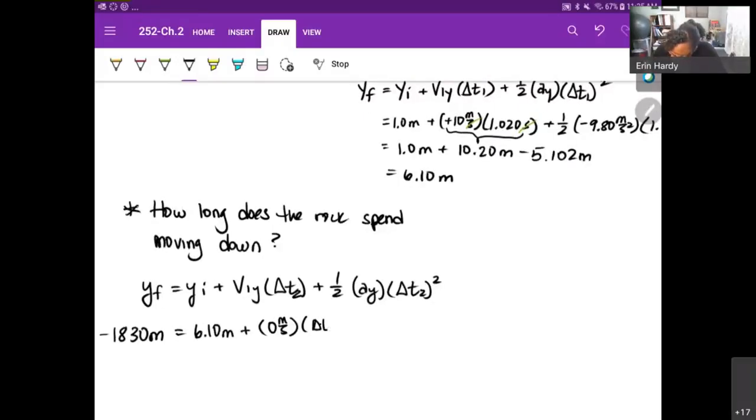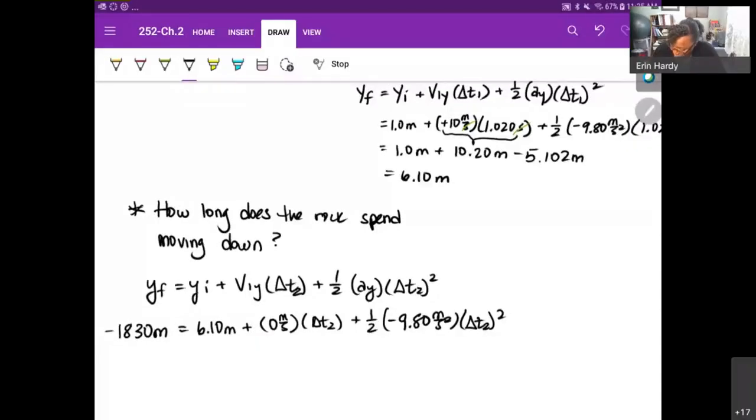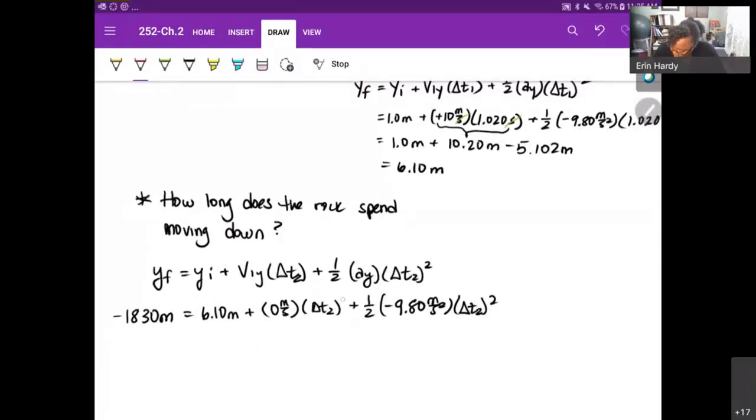There's a delta t2 here that's ultimately going to cancel out. And I have 1/2 ay, still negative 9.80 meters per second squared, times delta t2 squared. So this middle term is going to drop. And we're solving for delta t2 now.